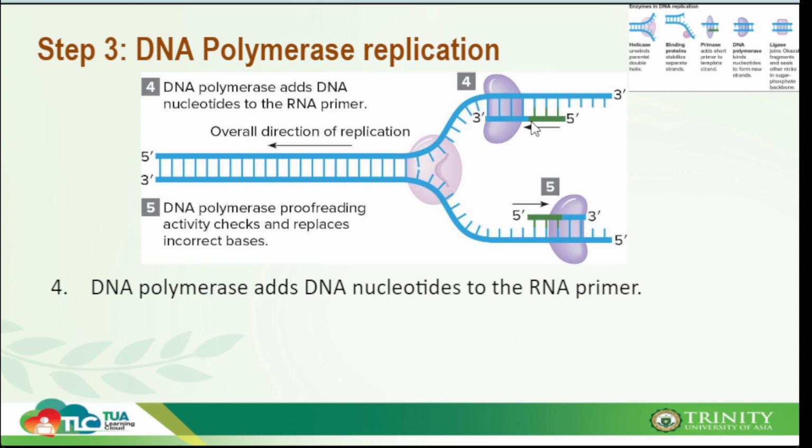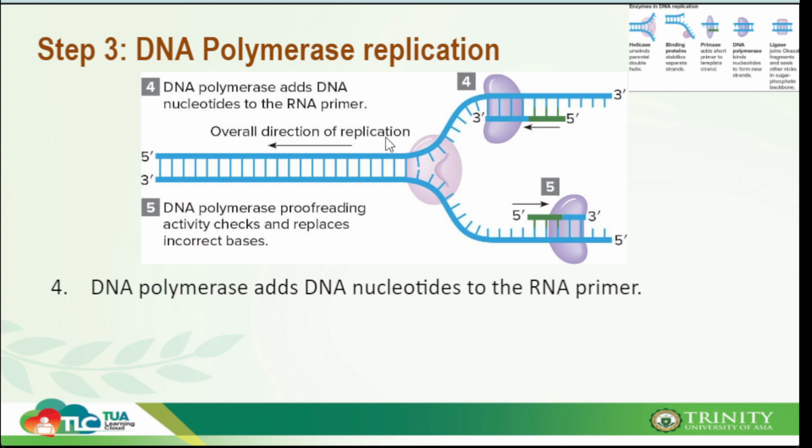So as you can see here, the RNA primer are the ones in green. Okay? Green. Yan. Pero yung DNA nucleotides, they are the ones in blue. So, si primase yung nag-add ng RNA, pero si polymerase yung mag-add ng DNA nucleotides natin. Okay?